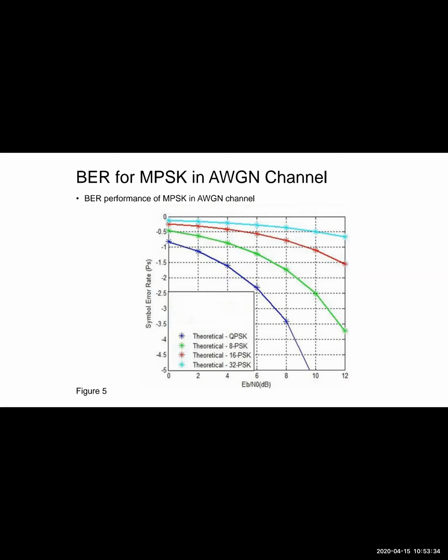But the conclusion, the import of this graph, is that an increase in SNR per bit reduces the bit error rate exponentially. Is that okay? So this is what we can say from that.